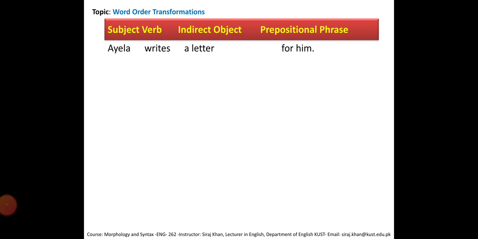Like Ayla writes a letter for him. So Ayla is the subject, writes is the verb, a letter is the object, and for him is a prepositional phrase. So the structure goes like SVOP, subject, verb, object, and prepositional phrase.